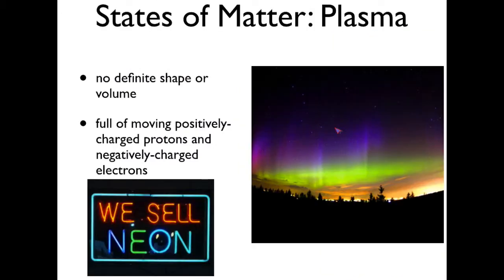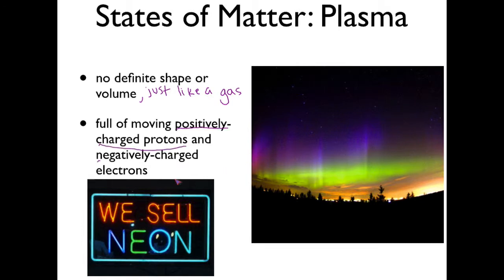So then we can talk about our last state of matter, which is plasma. We don't see plasma very often. It doesn't have a definite shape or volume, just like a gas. But the way it differs from a gas is that it's full of positively charged protons and negatively charged electrons.